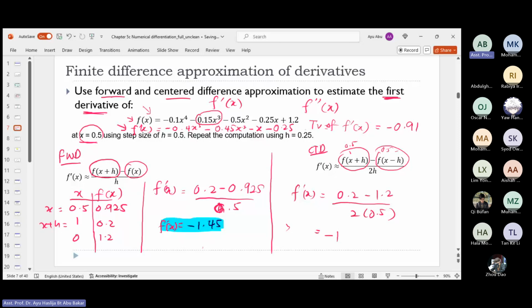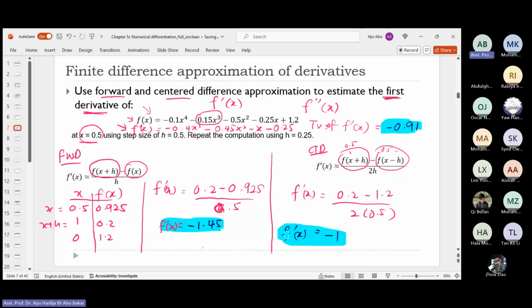Okay, so this is for centered. As you see, centered is approaching the true value. Forward, the true error is quite high compared to centered.